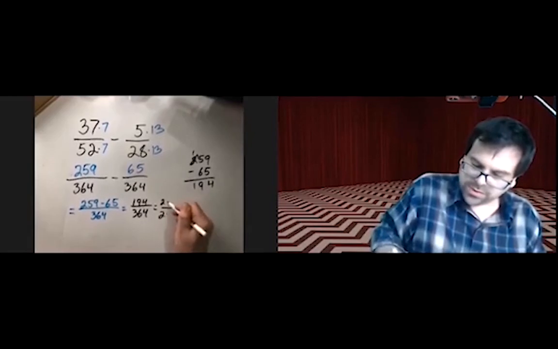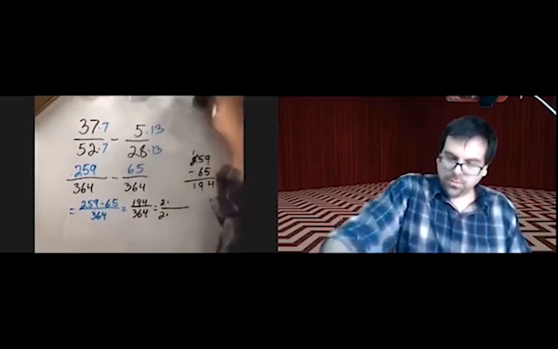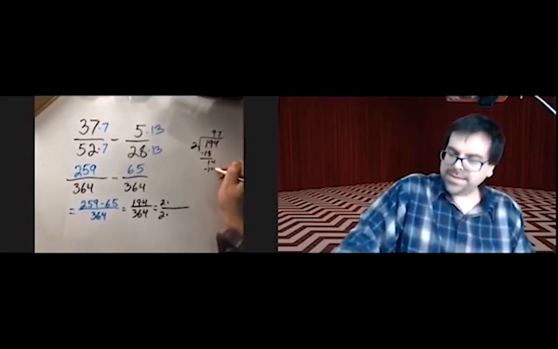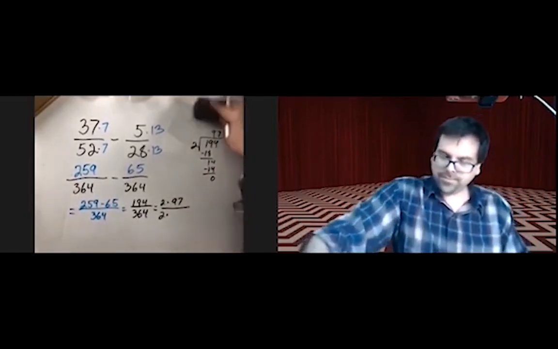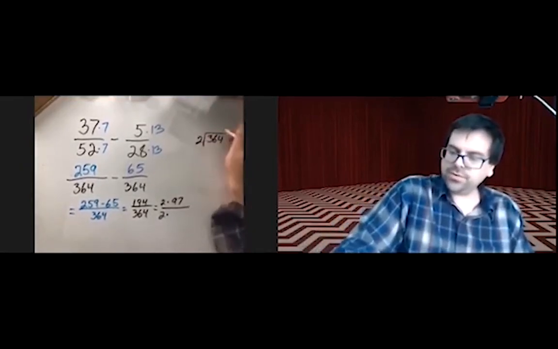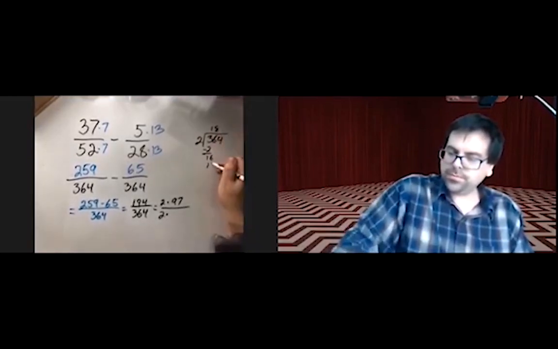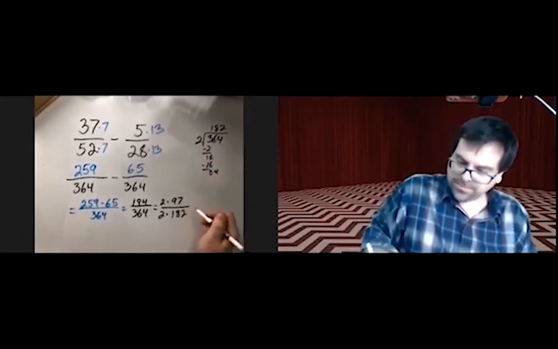We can reduce. 194 divided by 2 is 97. 364 divided by 2 is 182.